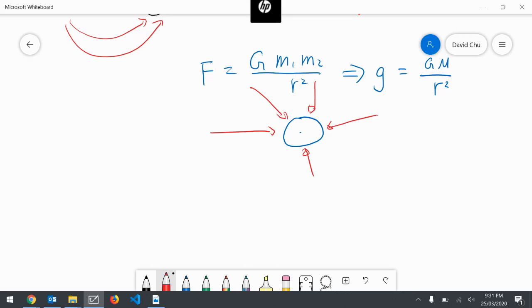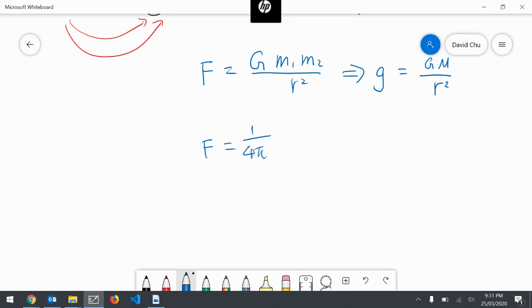You should probably have noticed that this formula is very similar to Coulomb's law. Coulomb's law states that F, the force between the two charges, is 1 over 4 pi epsilon 0, which is a constant, times Q1 Q2 divided by the distance between them, r squared.